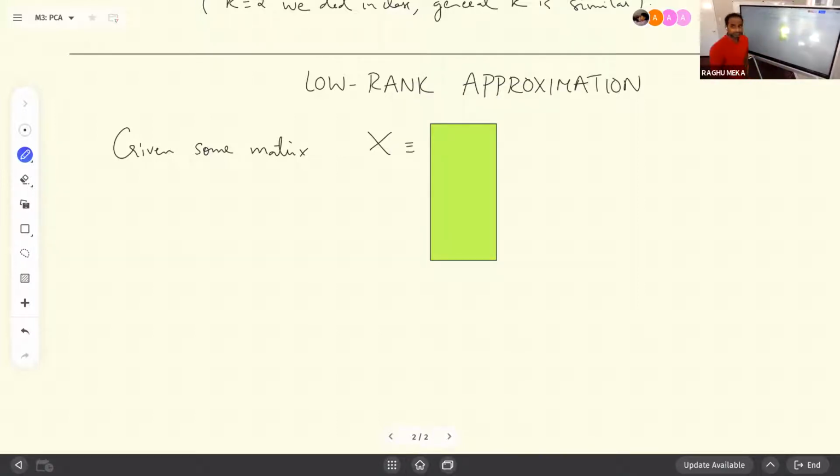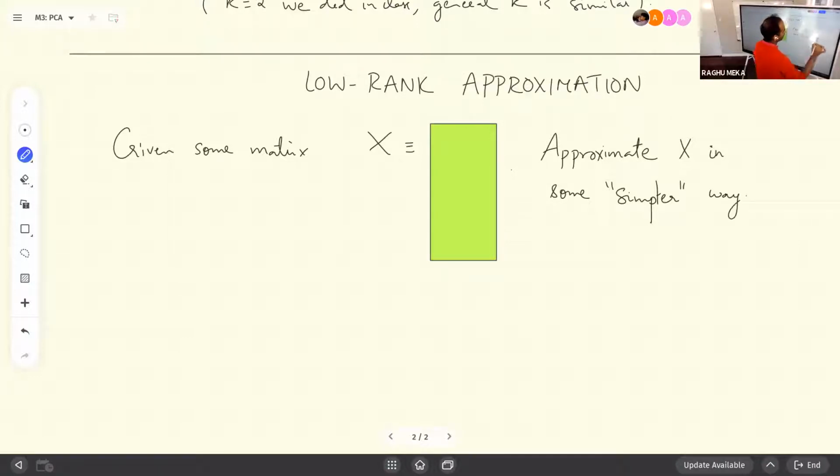And your goal is to approximate X in some simpler way. Okay, so we think X is some complicated thing, but there's a simpler structure underlying it, and our goal is to find the simpler structure.